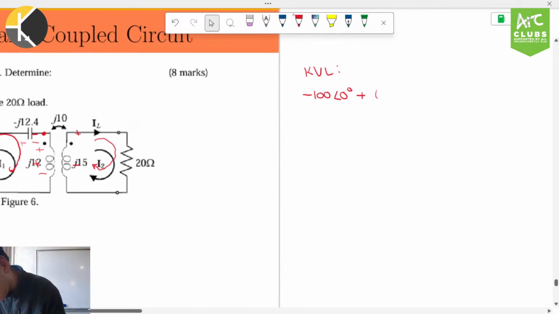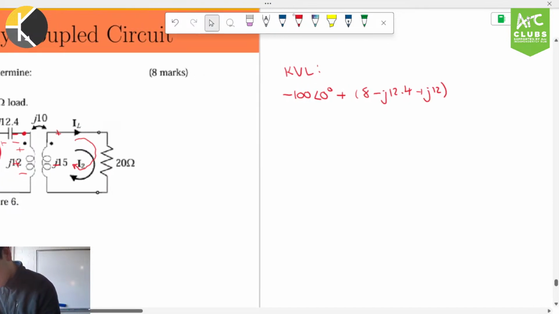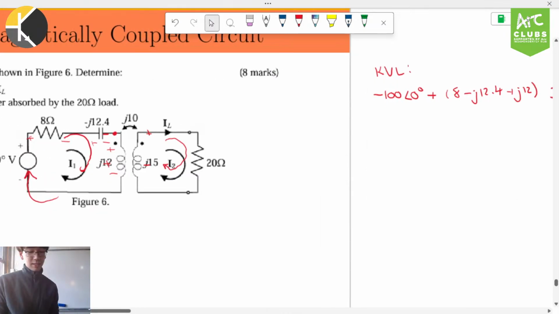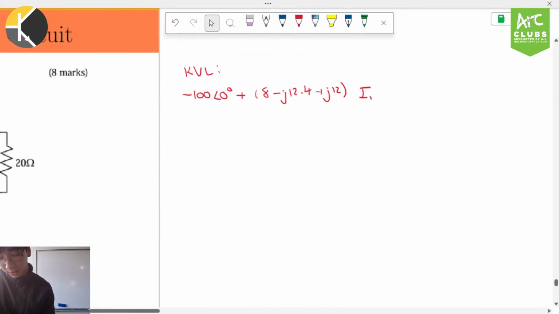So I'll just put all those together in brackets. Cool. And then the last thing we need to consider is this mutual inductance. In this case, the current is flowing into the dotted terminal, so the mutual inductance will be positive.